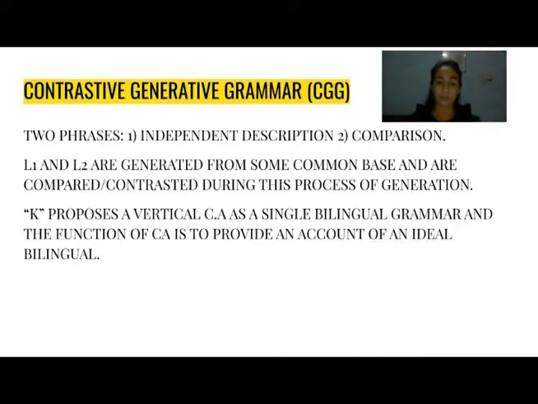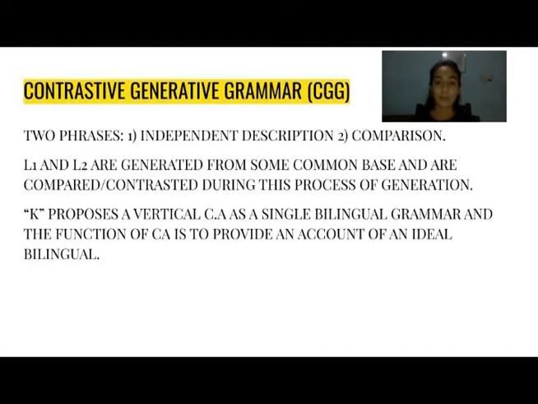Okay, K also proposed a vertical CA, and he defines some characteristics. The first is that it's not based on the confluence of two monolingual grammars as the classical CA is, but it's a single bilingual grammar.